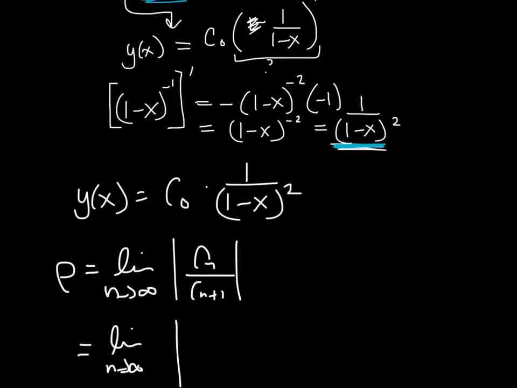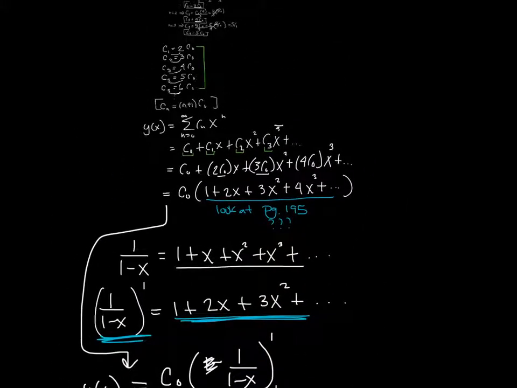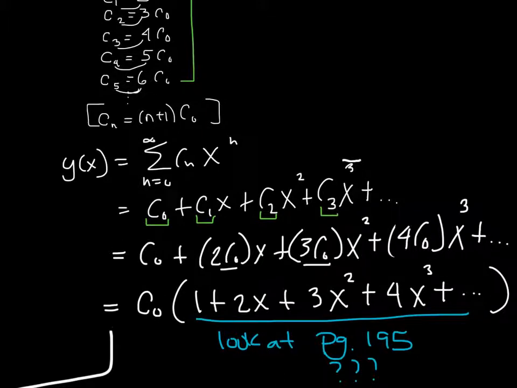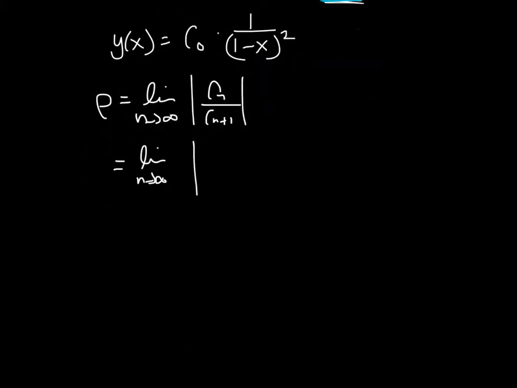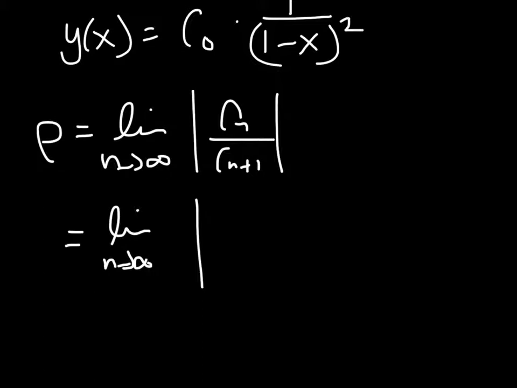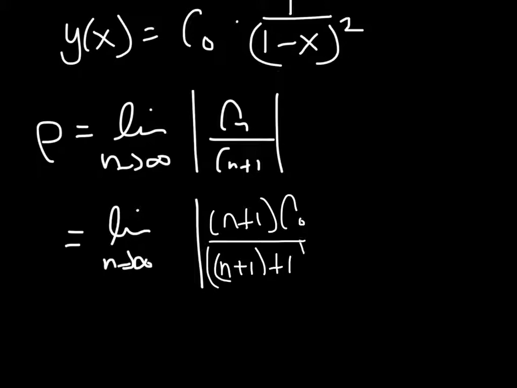Remember, our cn was n plus 1 times c naught. So n plus 1 c naught, and I'm dividing it by cn plus 1.